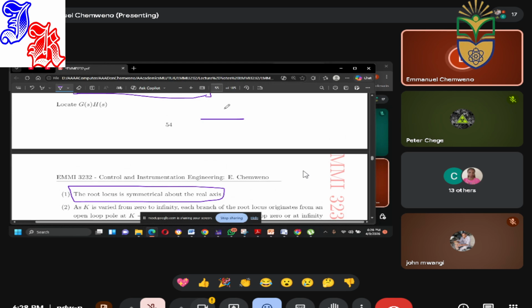This means whatever is on top should be on the bottom. So this should be a mirror. Top, bottom.